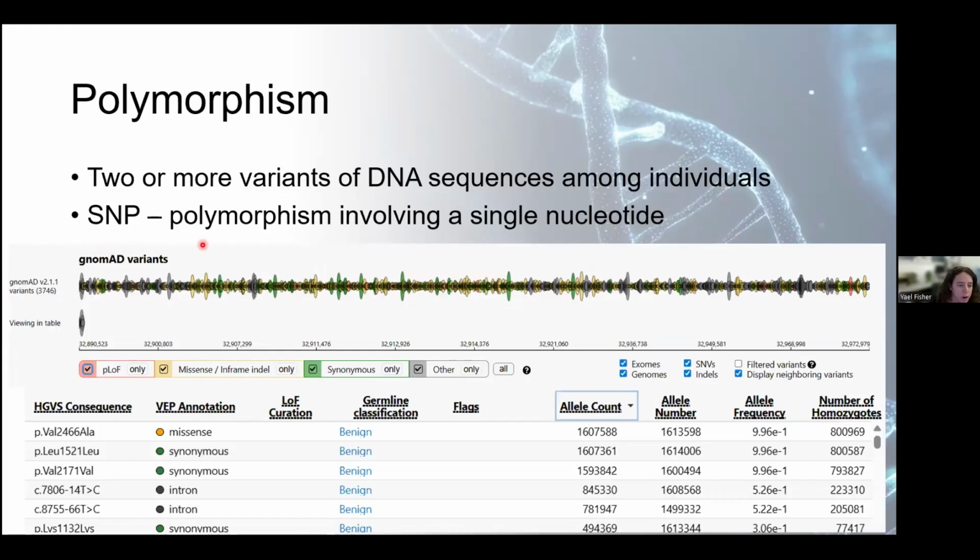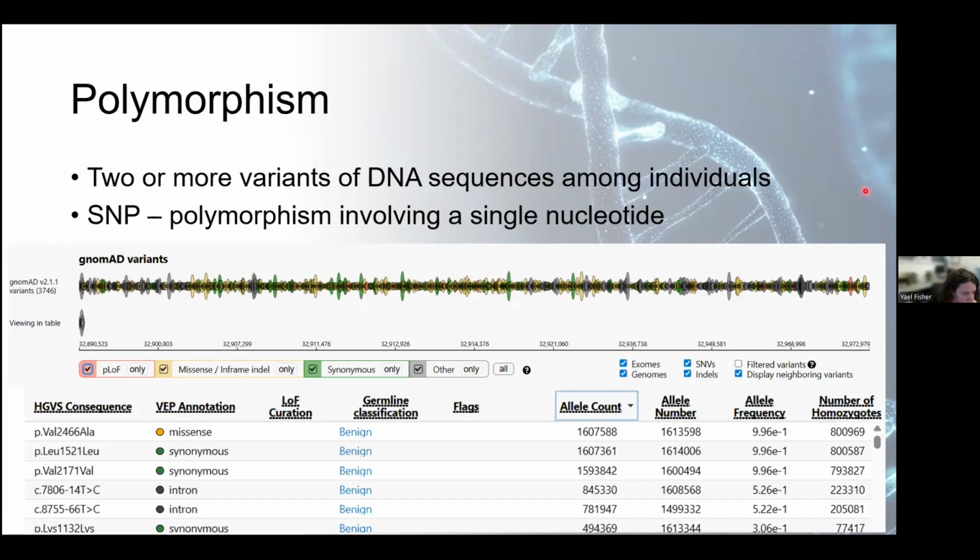This is a very common type of variation between human beings, where, of course, not all of our DNA is identical. There are different databases that help us recognize these polymorphisms. One of them is gnomAD, and we'll talk more about that in the next talks.